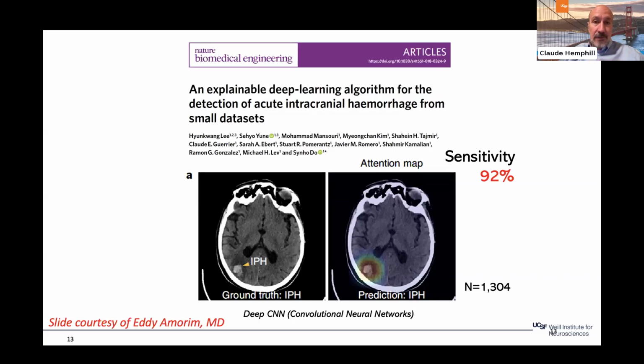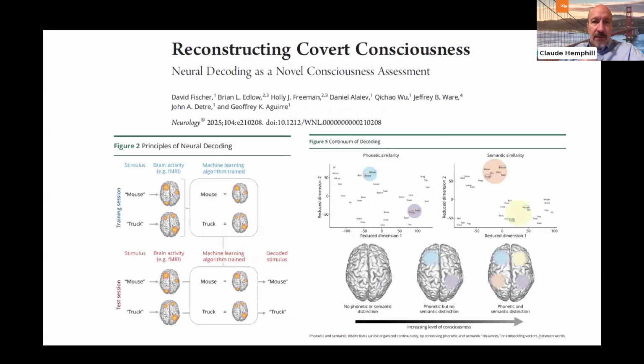Here's an example of a deep learning algorithm for detecting intracranial hemorrhage, which is something that we are often looking for on CT scan. Now, I think I'm pretty good at detecting intracranial hemorrhage on my own, but obviously this is something that could be powerful to export.